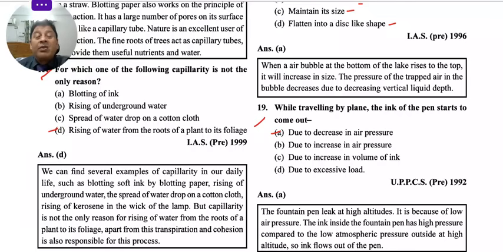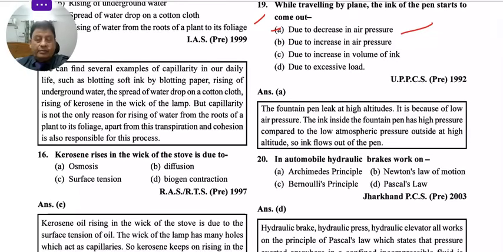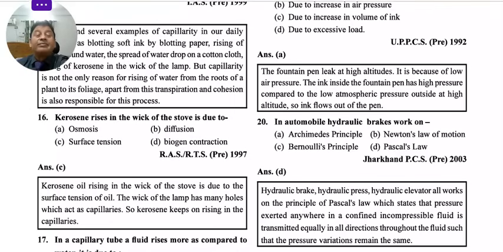B, C, D are not correct, so the right response is A, remember. Kerosene rises in the wick of the stove due to surface tension. Remember, this is a direct question.